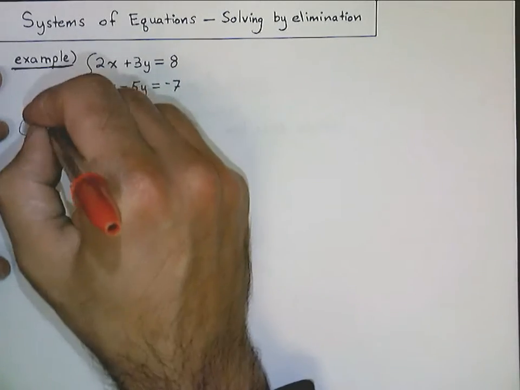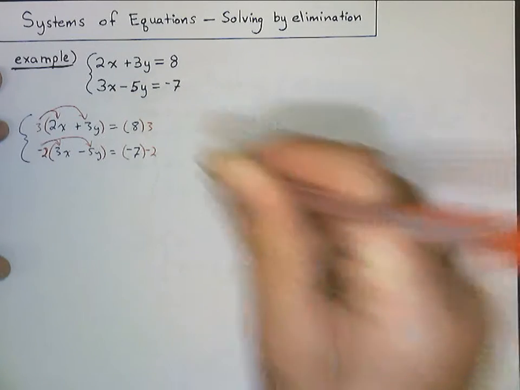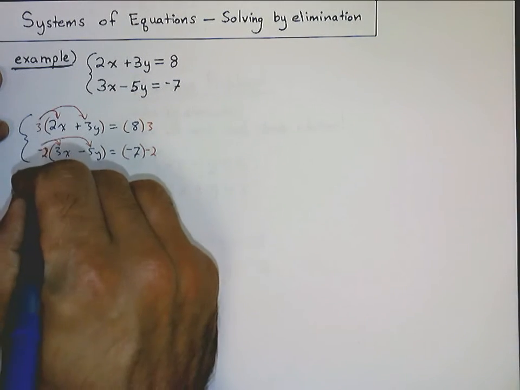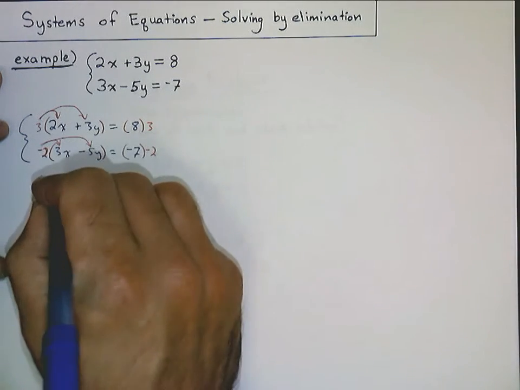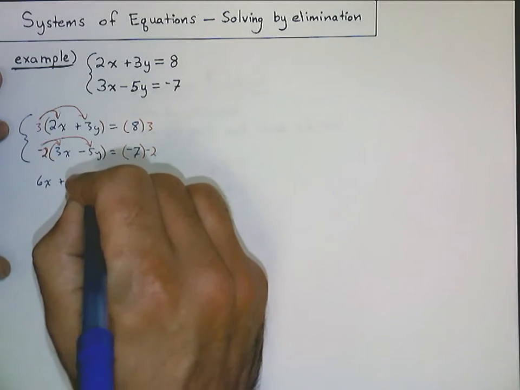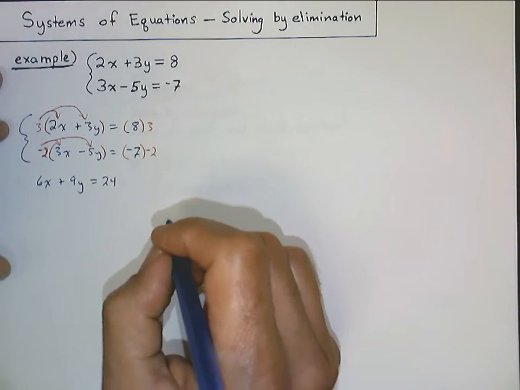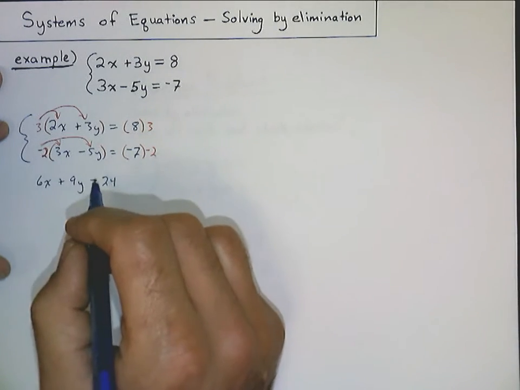So when I distribute in on both of the equations, we're going to rewrite the whole system again now. 3 times 2x is 6x. 3 times 3y is 9y. And 8 times 3 is 24. That's our first equation, rewritten now after this MPO, or multiplication property of equality.